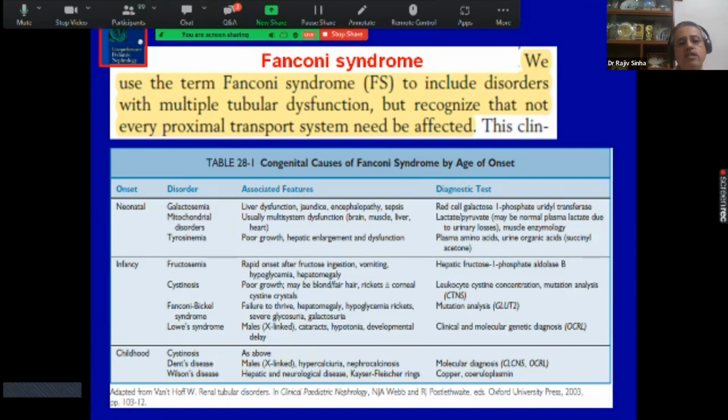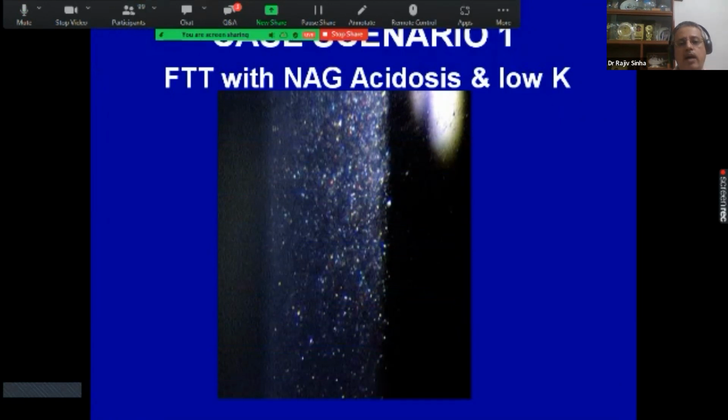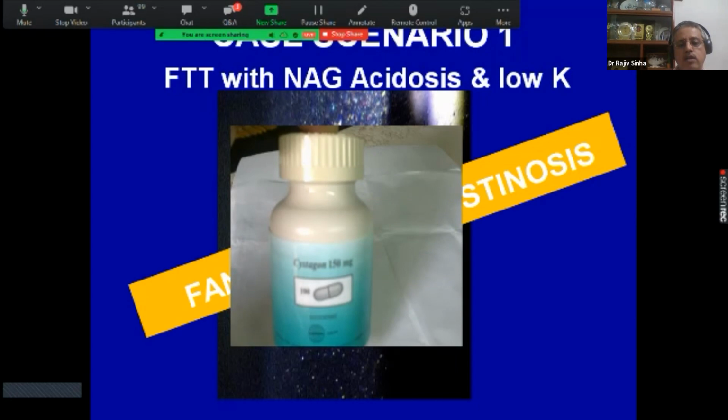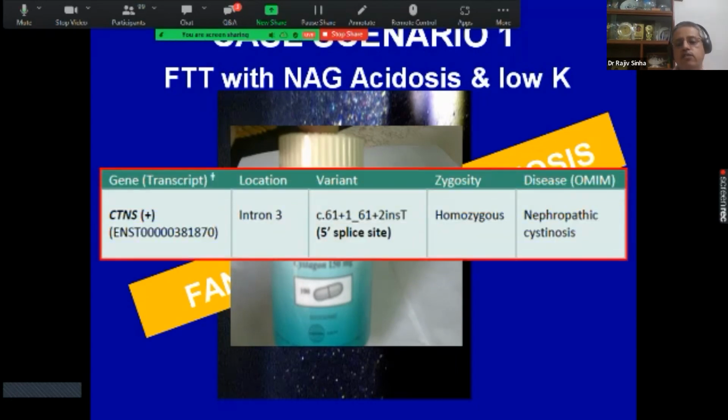And of this, cystinosis is supposed to be the most common cause of Fanconi syndrome in the pediatric age group. So we went on to look into the eyes, where we could see cystine crystals in the cornea, and we had a diagnosis of cystinosis. The child was started on cysteamine, and subsequently this was also confirmed by genetics.